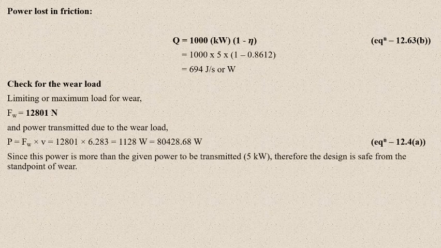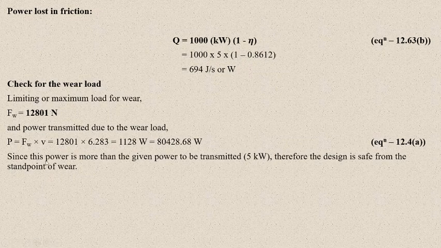Now power lost in friction, we have this formula in the design data handbook. Put all the values, you will get the power loss in friction. Now check for the wear load.